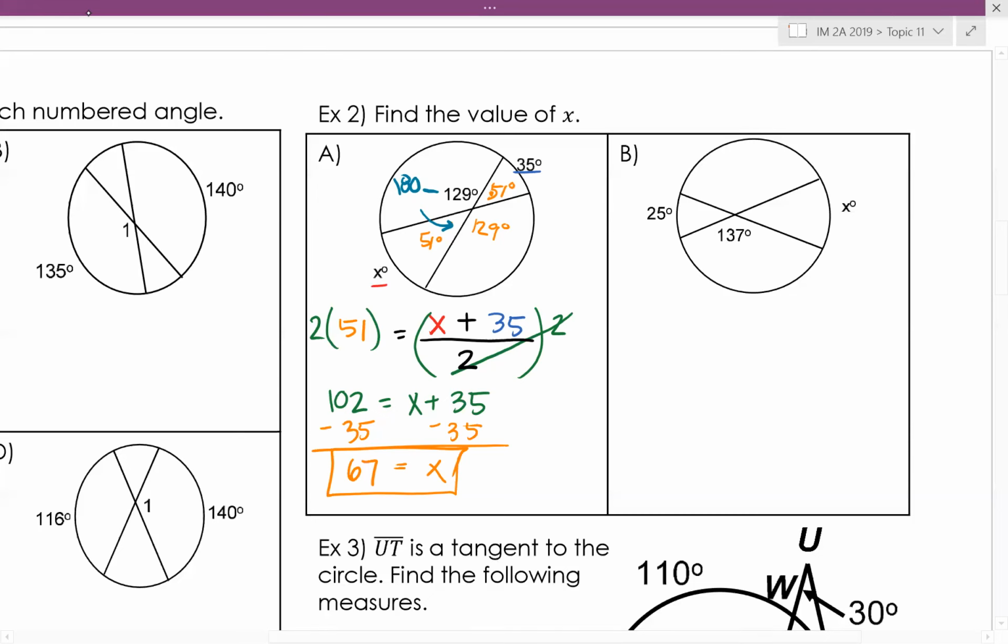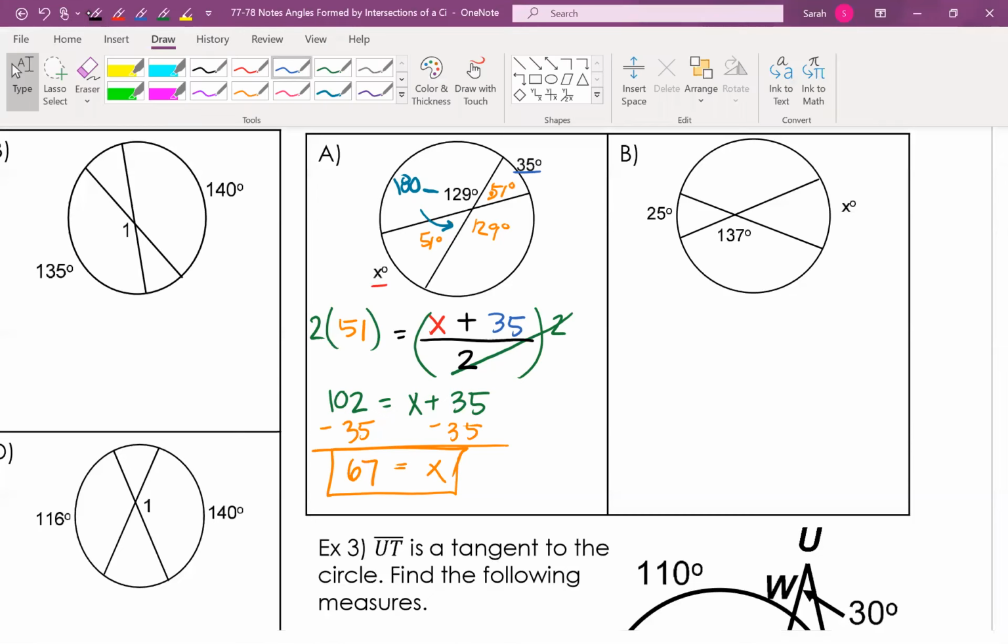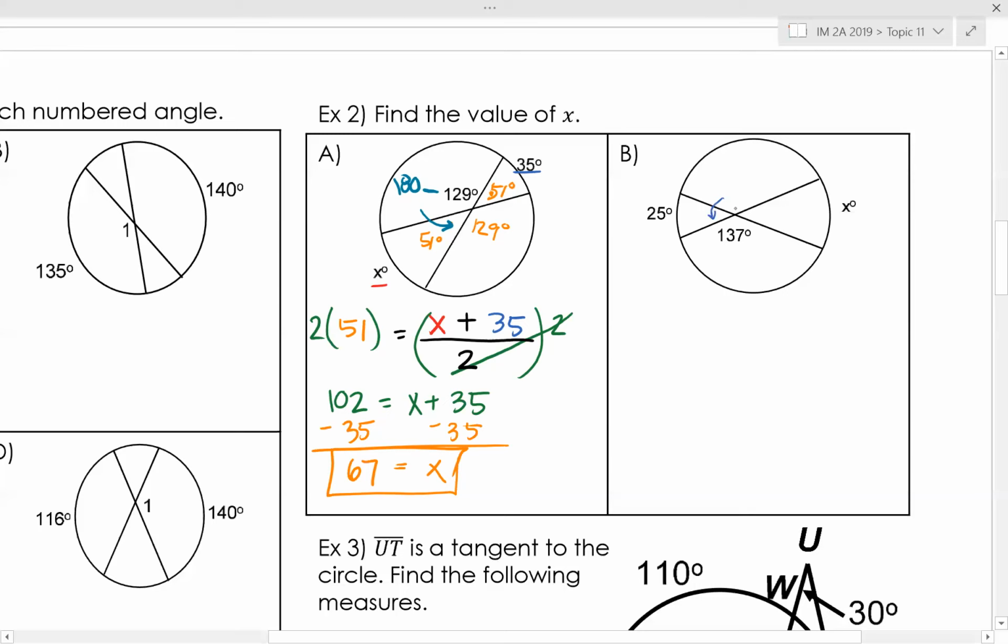But notice that, again, I know these 2 arcs, so I need to figure out what this angle is or what this angle is. And to do that, I just have to do 180 minus the 137 that was given as the other angle, because these 2 form a straight line, so they're supplementary. So that means that these angles are 43 degrees.